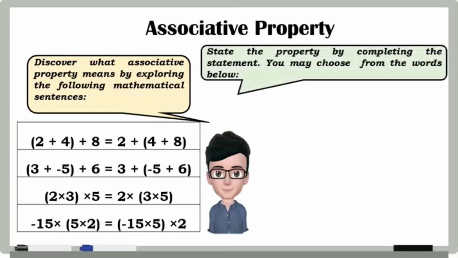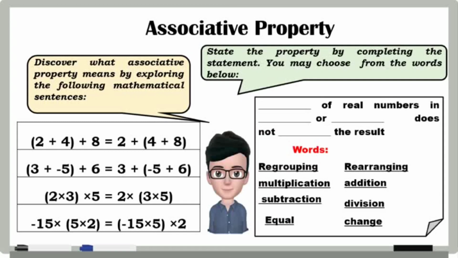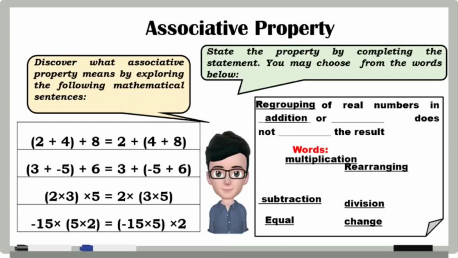Now, based from the given, I want you to state associative property by completing the statement. You may choose from the words below. Regrouping of real numbers in addition or multiplication does not change the result.